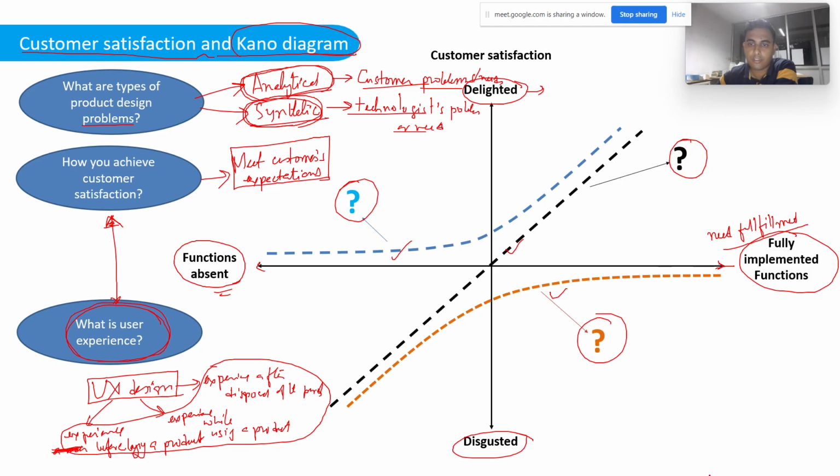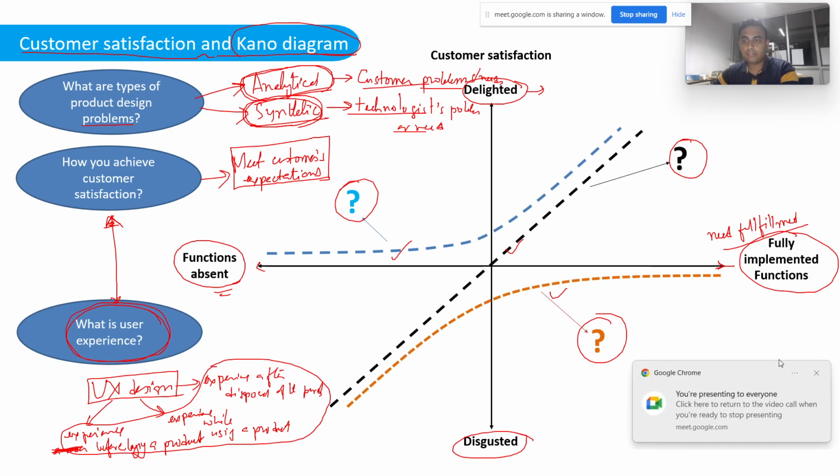No, sir. Okay, so these three curves, the blue one, the black one, and the orange one, represent the behavior of customer satisfaction related to certain product types.